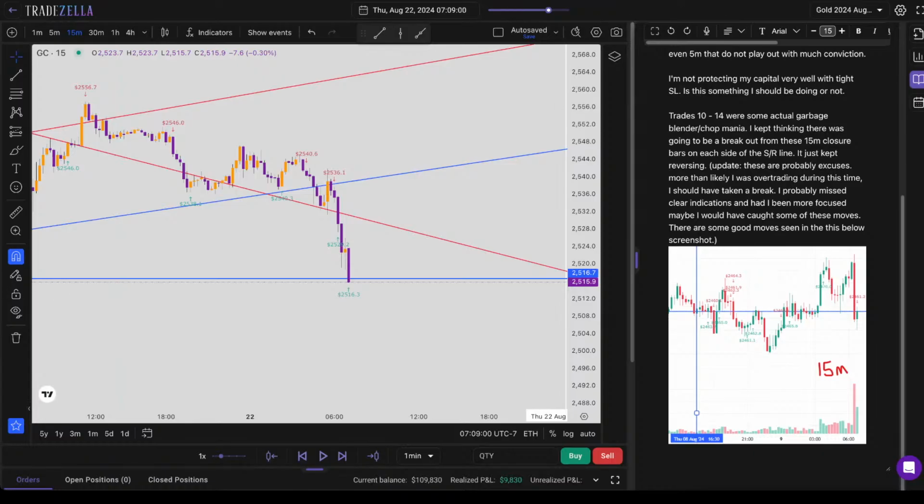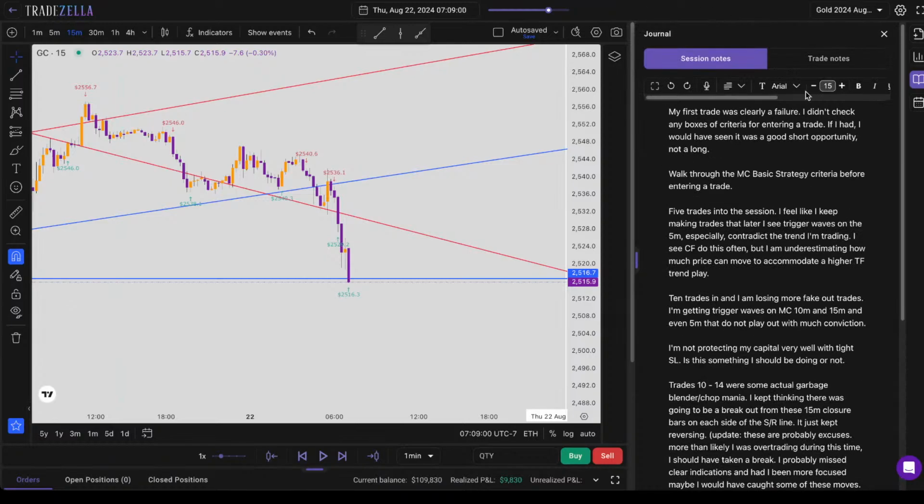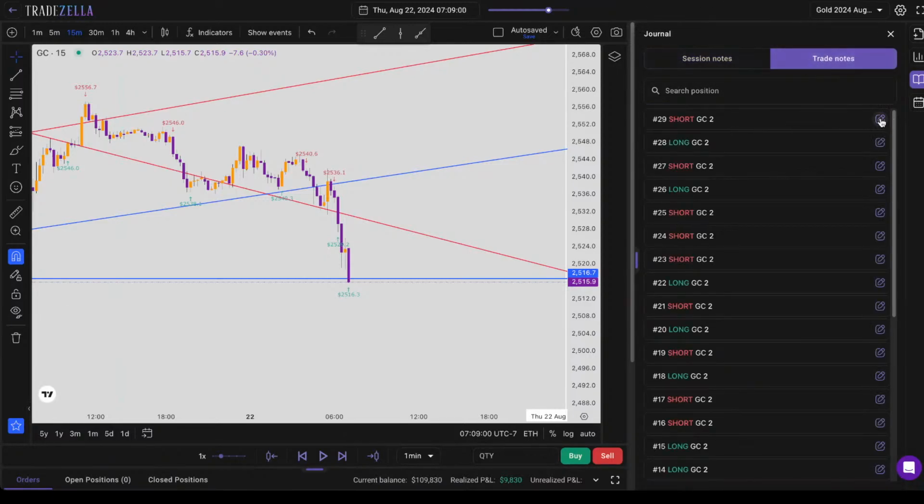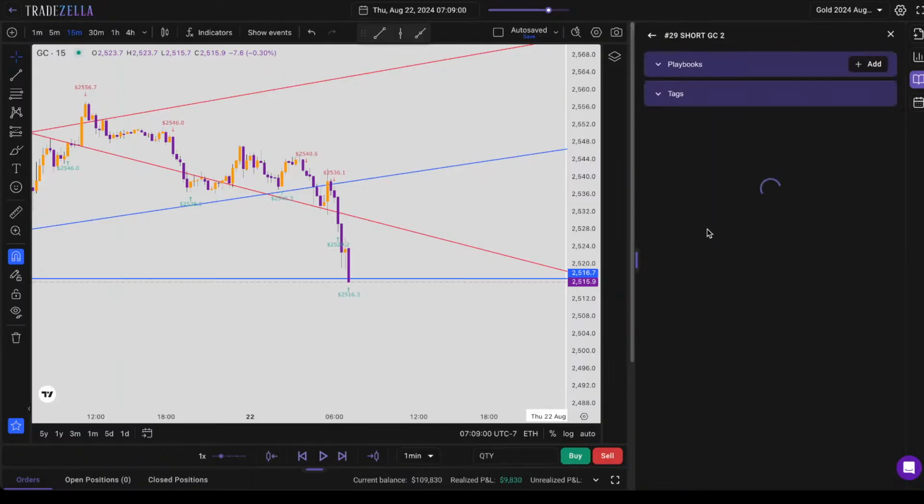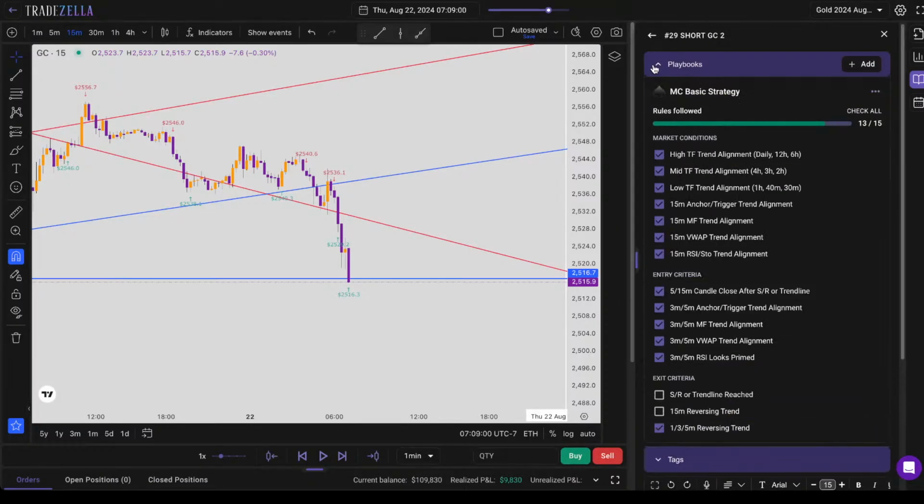We want to go to our short from yesterday. Journaling right after the trade can be good, but always come back to your journal for that trade once you've had time to cool off, whether it's a win or a loss.